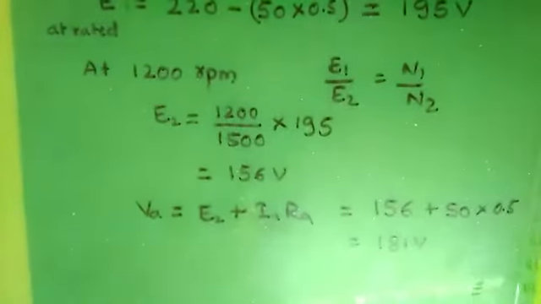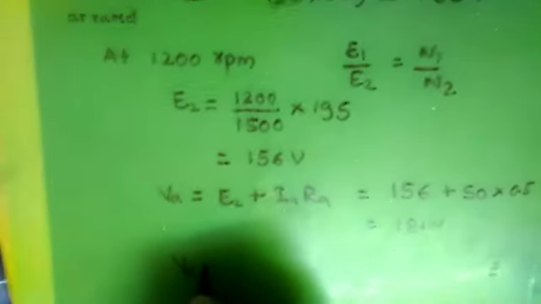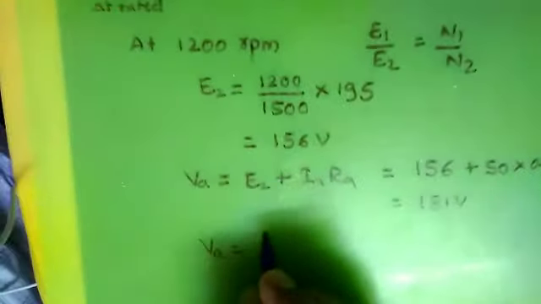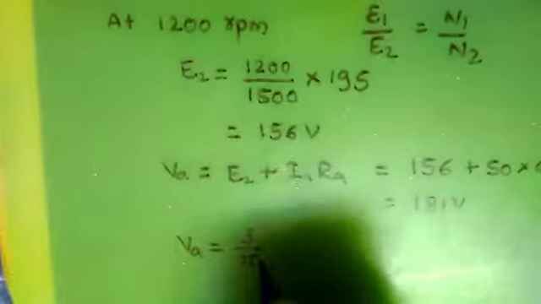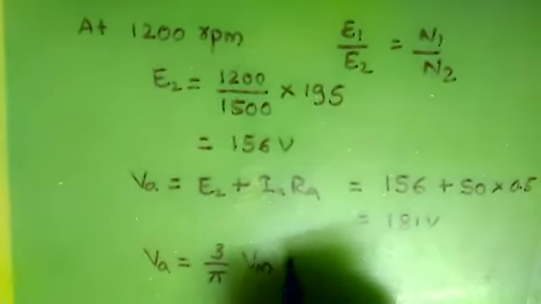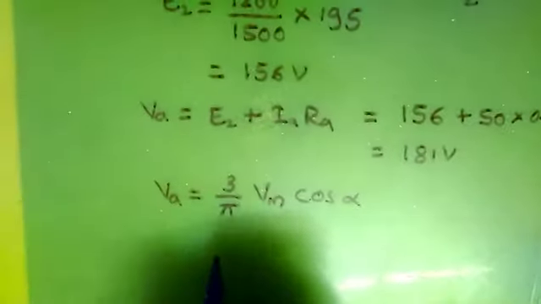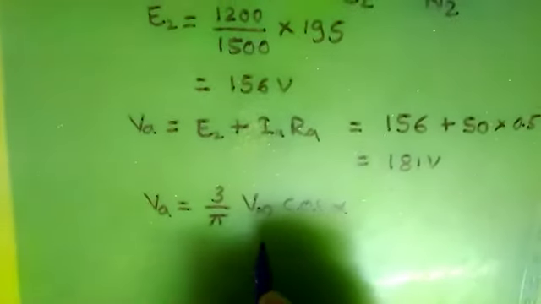We know the voltage equation of the three-phase fully controlled rectifier: VA is equal to 3 by pi Vm cos alpha. Now we know all the values except Vm, which we need to calculate.